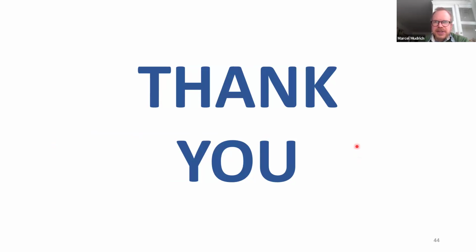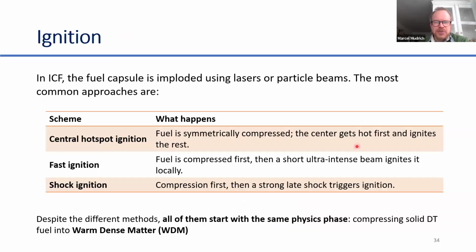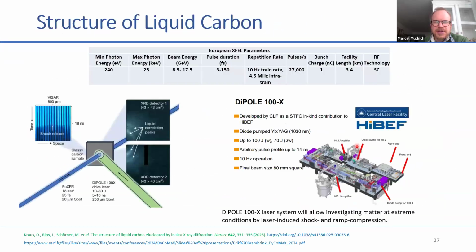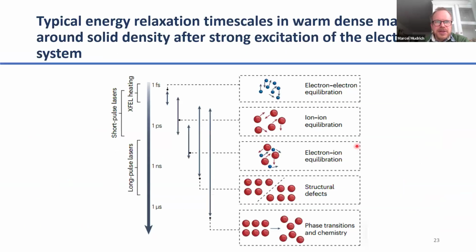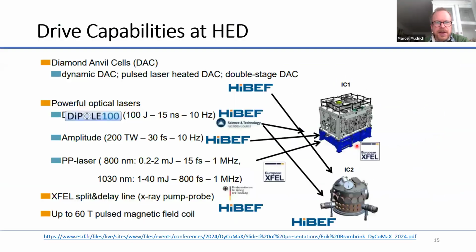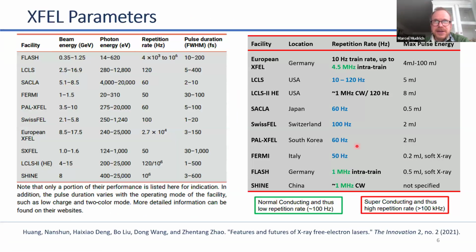In the beginning of your presentation, you mentioned that high repetition rates would be important. In the table you showed, most FELs had repetition rates in the range of between 50 and 120 hertz or so. Only European XFEL now has higher repetition rates, but it comes in a strange burst scheme.